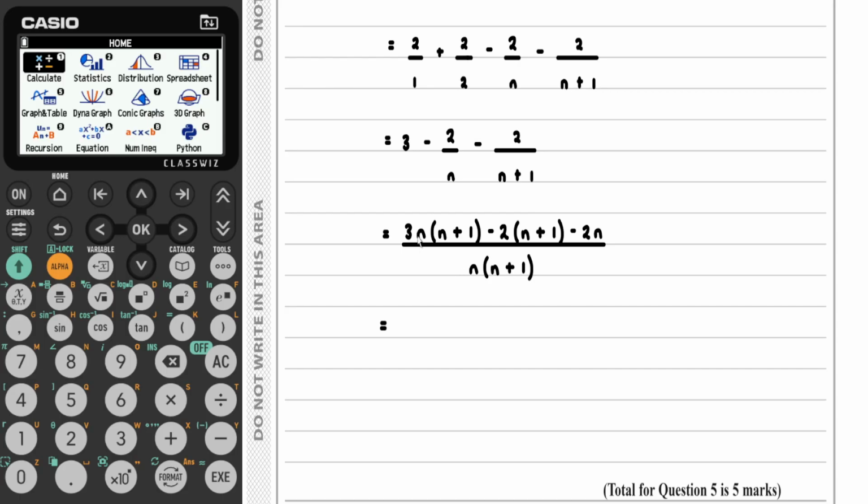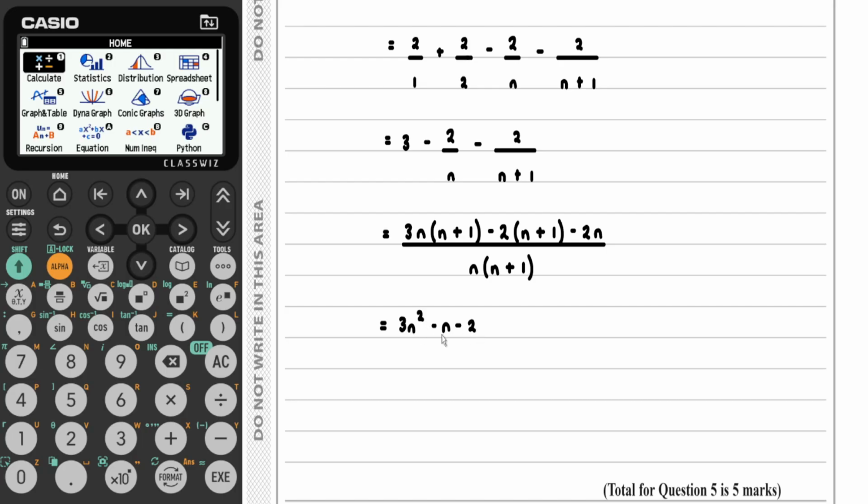And so, simplifying, we have 3n times by n, which gives us 3n squared. Then we've got 3n times 1, subtract 2 times by n, subtract 2n, that will be negative n. And then we've got negative 2 times by 1, which is negative 2.